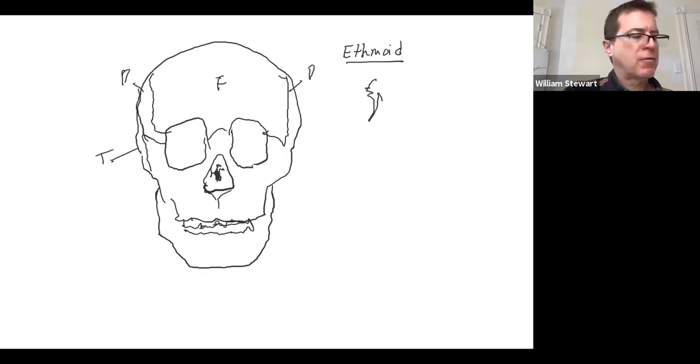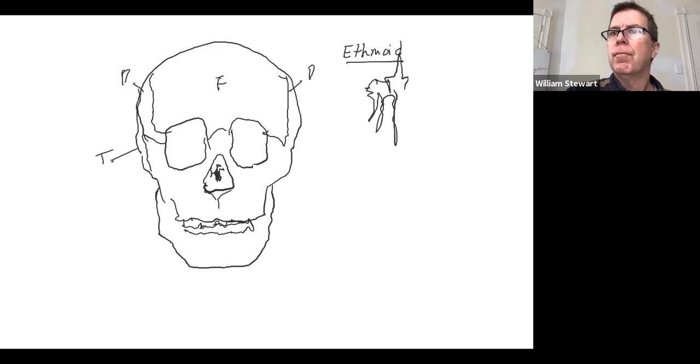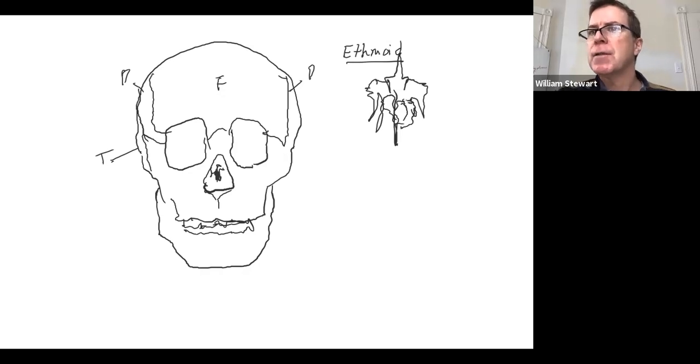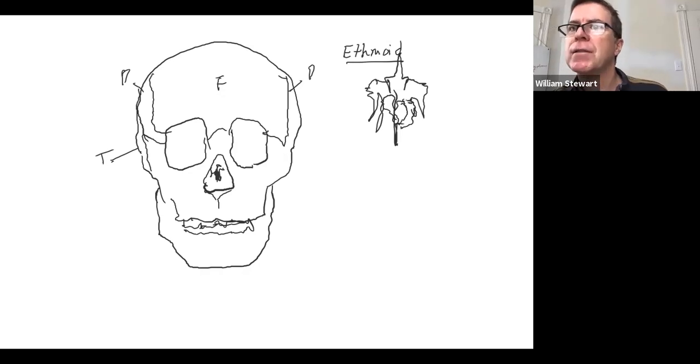It has all these bone flaps and ridges. So there's what the ethmoid kind of looks like, and that's almost life-size on my screen. So it's this gnarly looking piece of jagged bone that's located right in the center of the skull, right here.